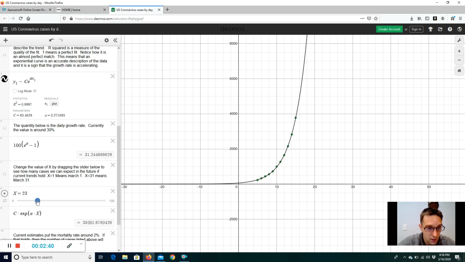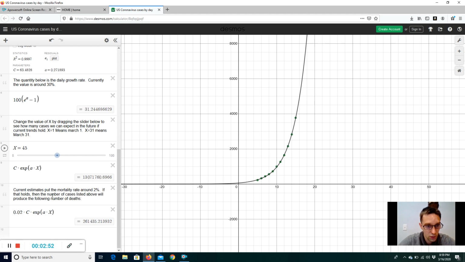And if this pattern continues, you look at mid-April, you'll see that the number of cases will reach 13 million. And that would obviously be very bad news. And once you factor in that 2% mortality rate that they've been reporting, the number of deaths is going to be extremely high and very, very troubling, I think, for all of us. So the hope is that this model does not hold indefinitely.